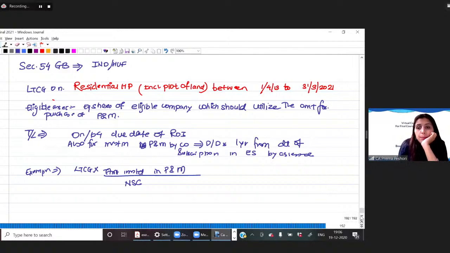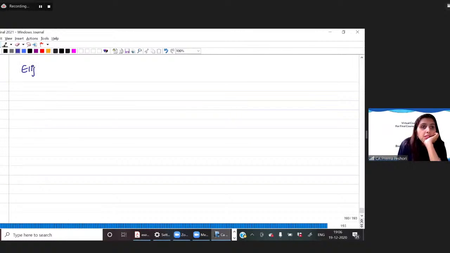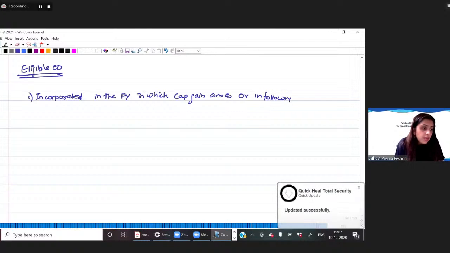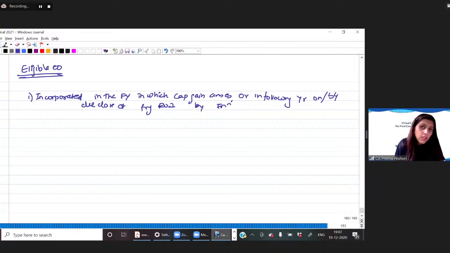Now, what is an eligible company? Eligible company means incorporated in the financial year in which capital gain arises, or in the following year on or before the due date of filing ROI by individual or HUF.